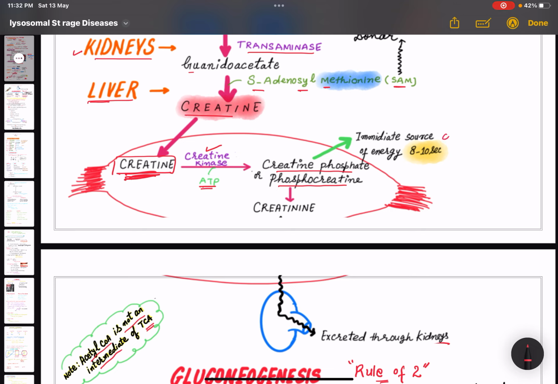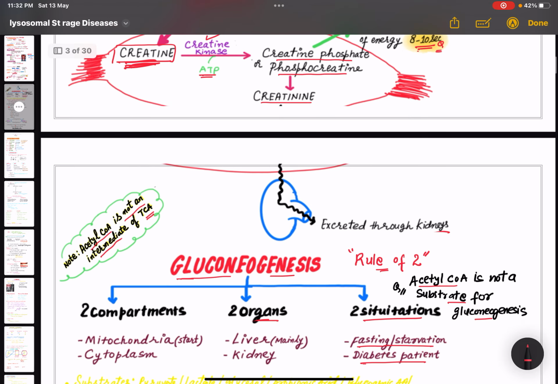Also remember that creatine phosphate or phosphocreatine is the immediate source of energy during exercise for 8 to 10 seconds. From creatine phosphate we get creatinine, and finally this creatinine is excreted through the kidneys.